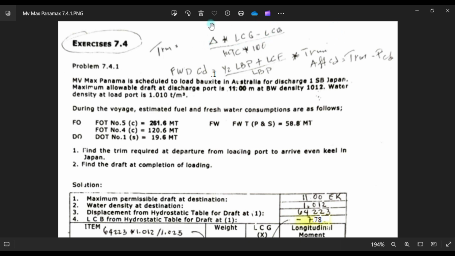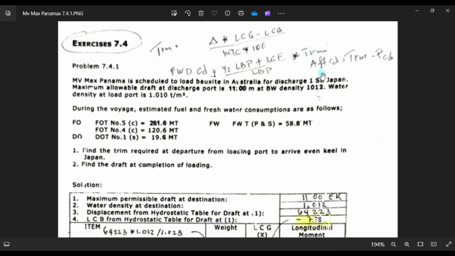So this is the formula for getting the exact trim in departure or in the loading port. That will be displacement times LCG minus the LCB, over MTC times 100. And to get the forward change of draft will be 1/2 LBP plus LCF over LBP multiplied by your departure trim.